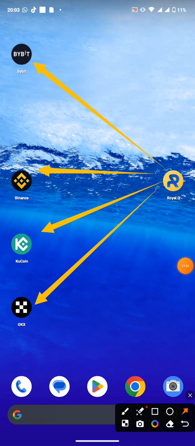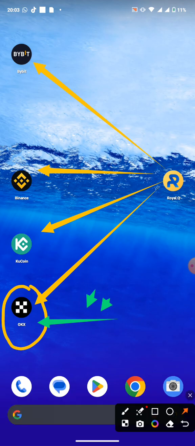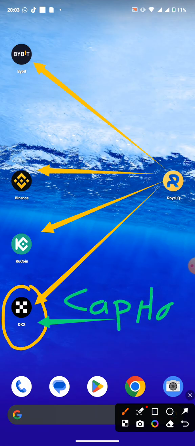As I've been saying, you're connecting this RoyalQ robot to your OKX, which means that your capital will stay in your OKX. The same case with KuCoin. You're connecting this robot to KuCoin through API, but your capital will stay in your KuCoin.